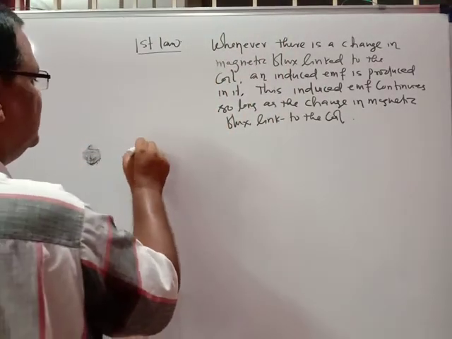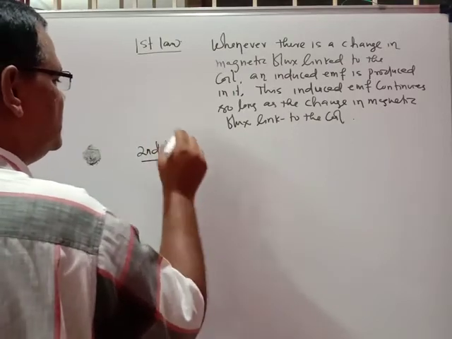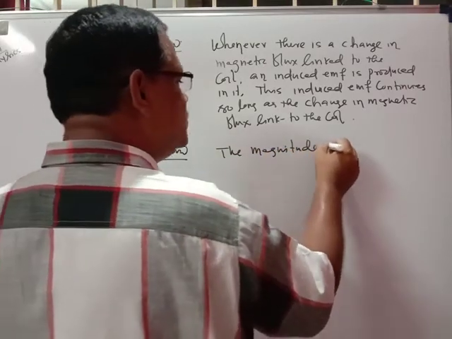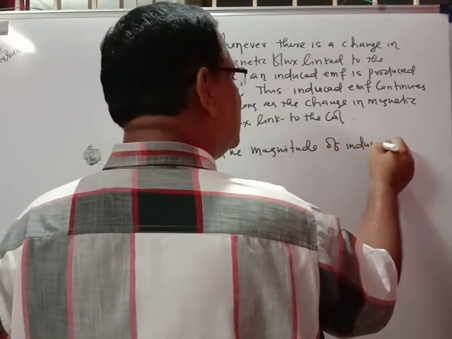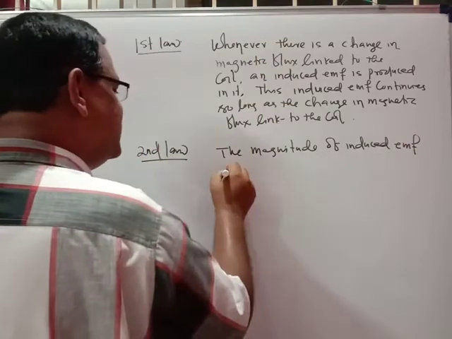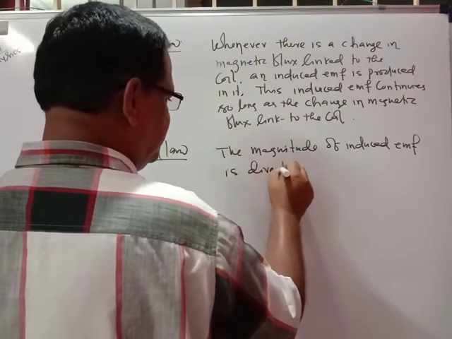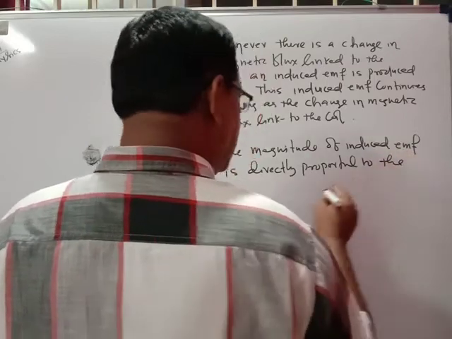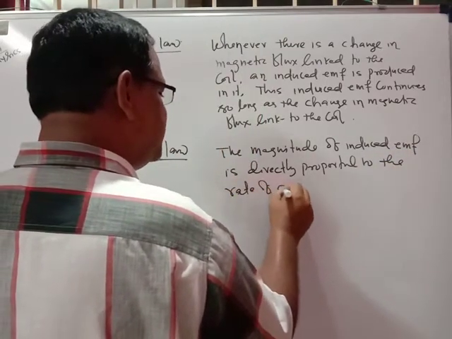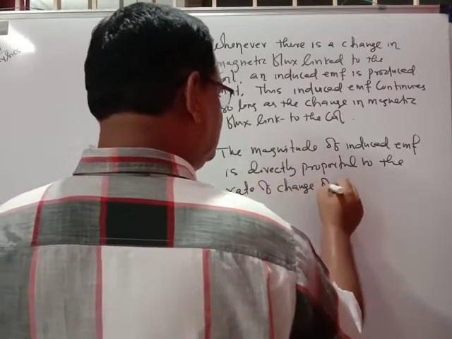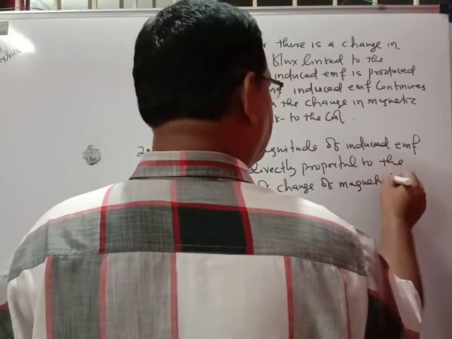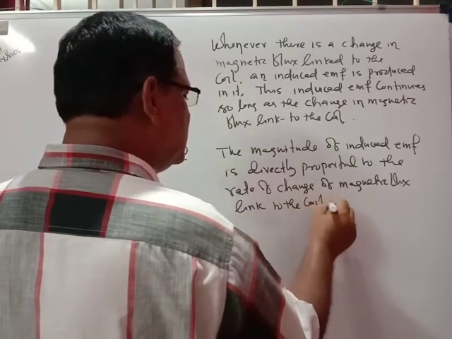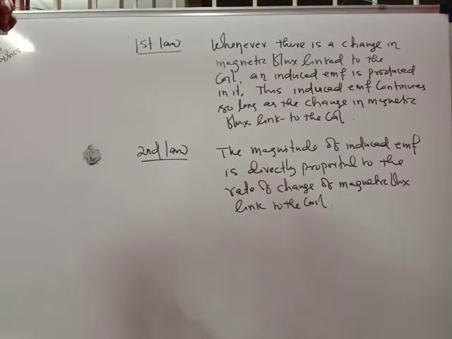And the second law, what does it tell? Faraday's second law: the magnitude of induced EMF is directly proportional to the rate of change of magnetic flux linked to the coil.